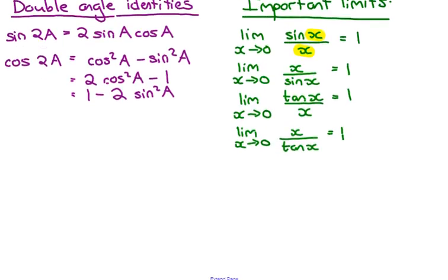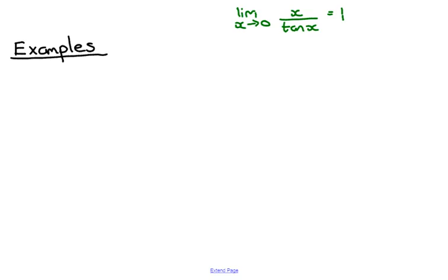So let's have a look here at some examples. If I've got the limit as x tends towards 0 of sine 5x over x, that's my question.